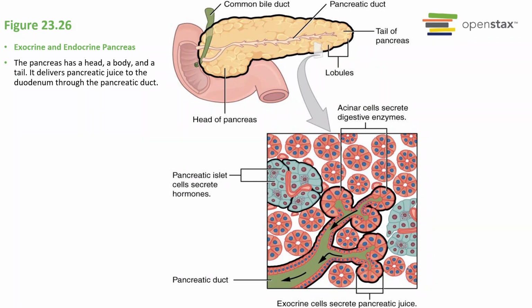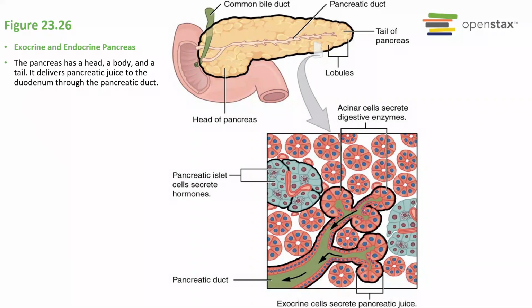As I've mentioned in our preceding lecture episodes, the liver produces bile, the gallbladder stores the bile. However, chemical digestion in the small intestine cannot occur without the help of both the liver and pancreas.